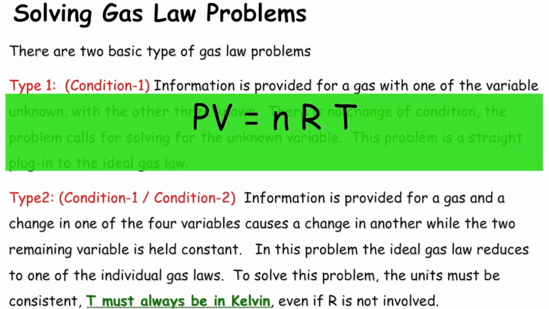Then there's condition 2. So this is what I want to define in terms of condition 1, condition 2. Here is condition 1. And let's say this is condition 2.